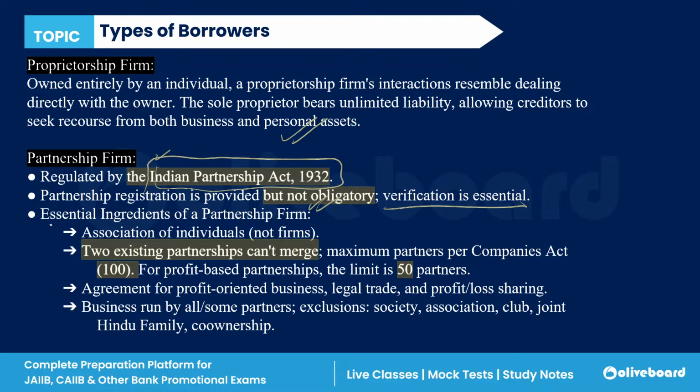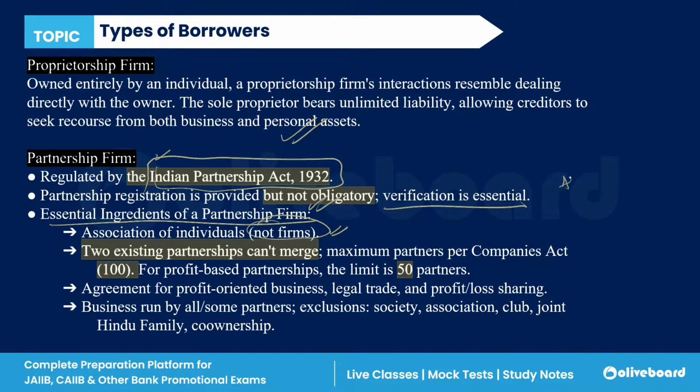If we talk about the essential ingredients of the partnership firm, first of all, it is an association of individuals. It is not an association of firms, right? Two existing partnerships cannot merge into one.